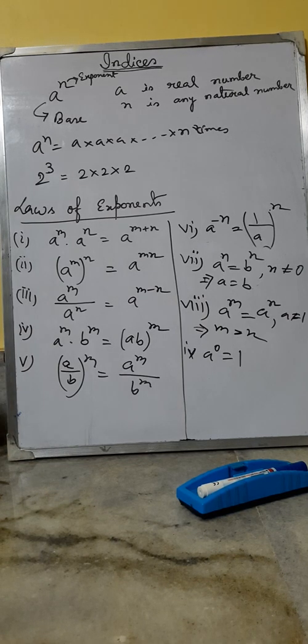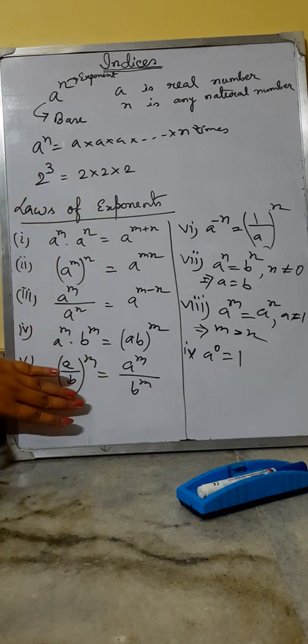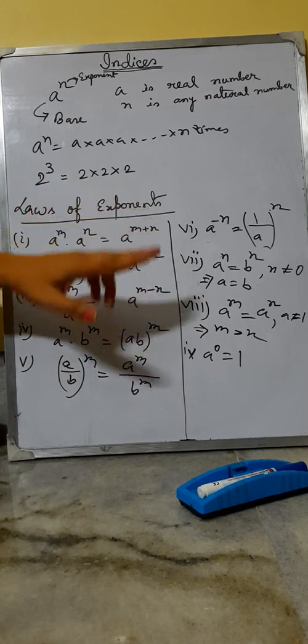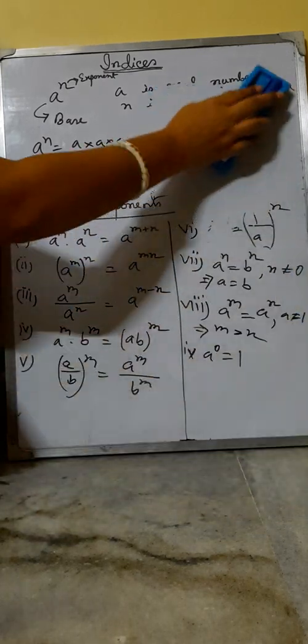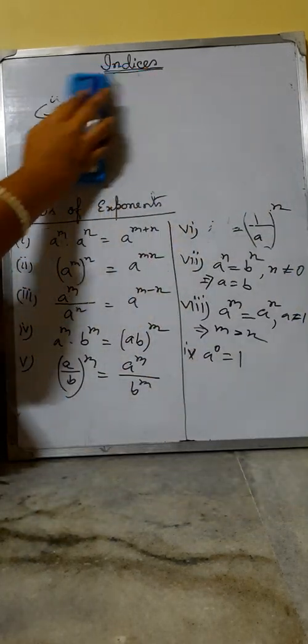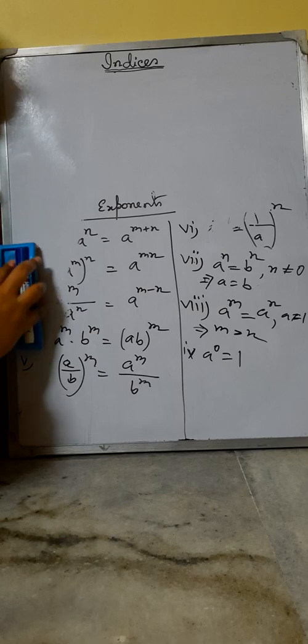Now you have to remember all these laws of exponent, because these laws are used to solve the indices problems. Now let's start with an example sum. First we take an easy question.